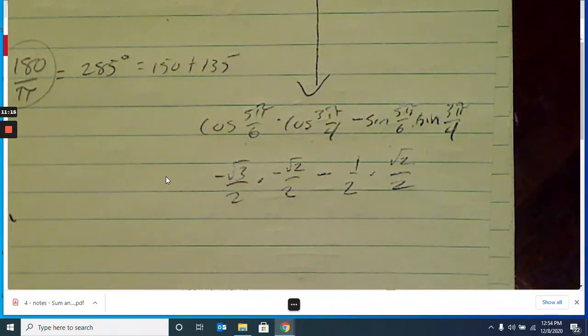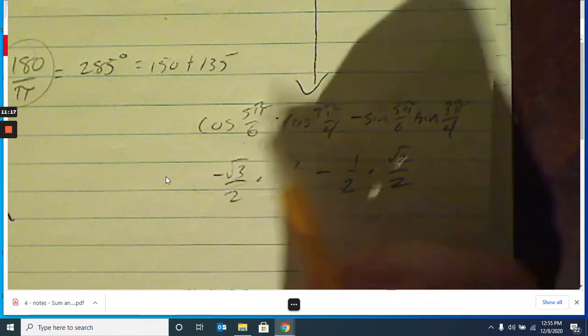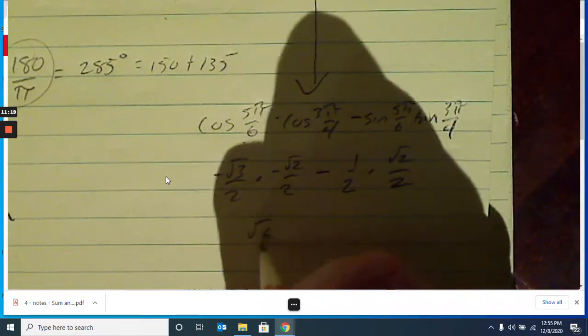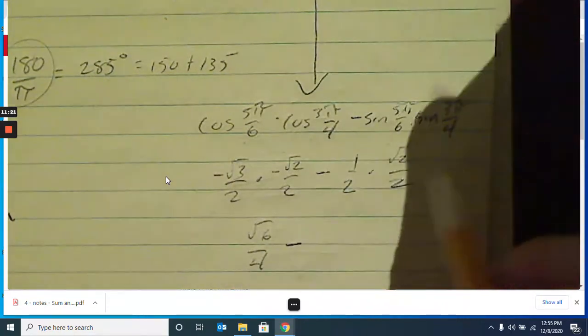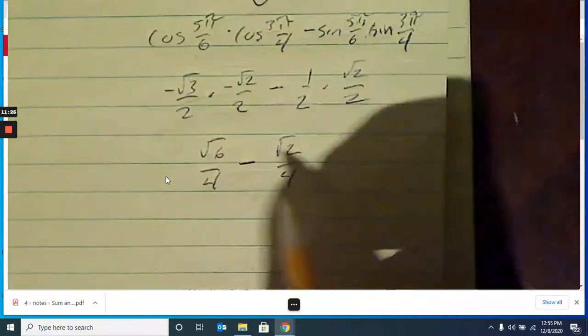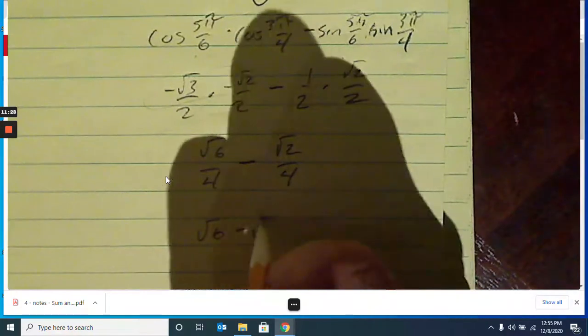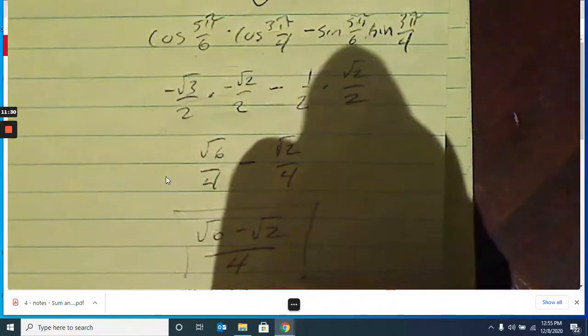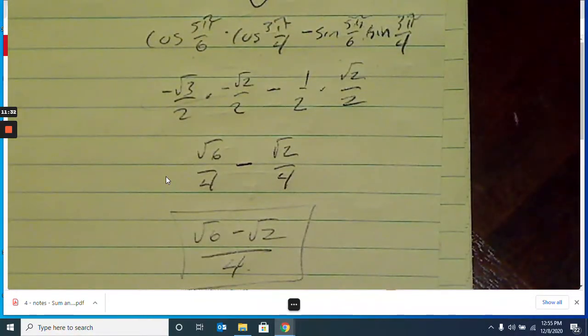Then I do a little bit of math. So this is going to become positive root 6 over 4 minus root 2 over 4. And since I'm looking for an exact answer, root 6 minus root 2 over 4 would be what I am looking for. Okay? So that's how you do that.